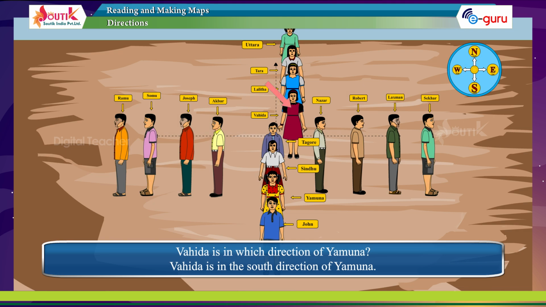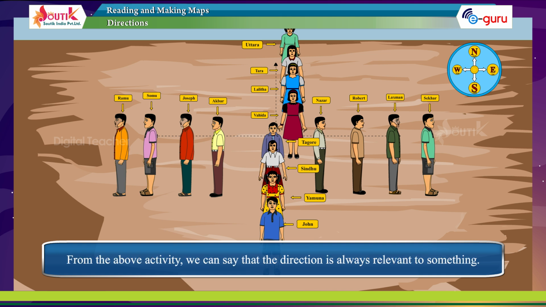Wahida is in which direction of Yamuna? Wahida is in the south direction of Yamuna. From the above activity, we can say that direction is always relevant to something.